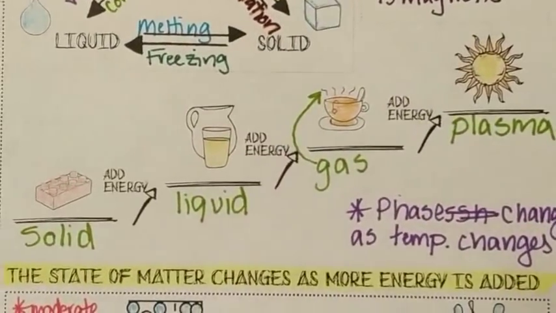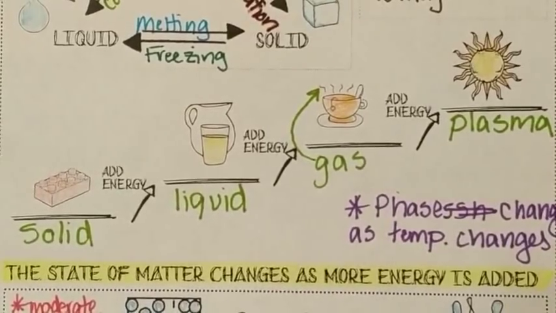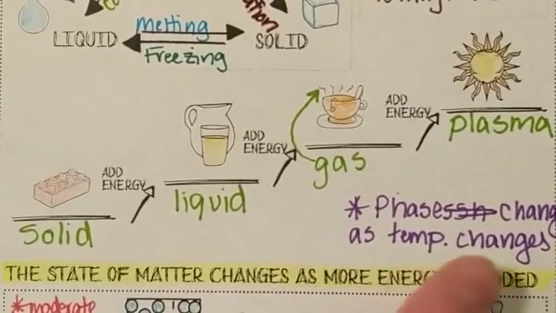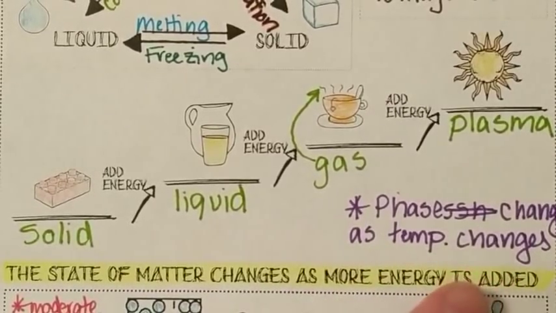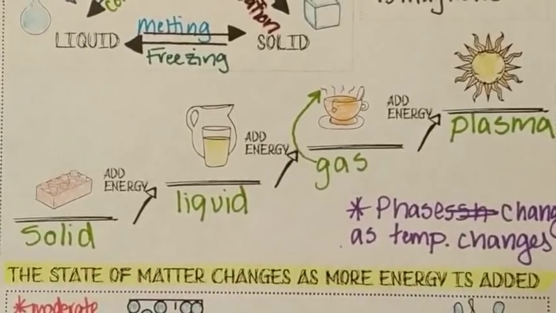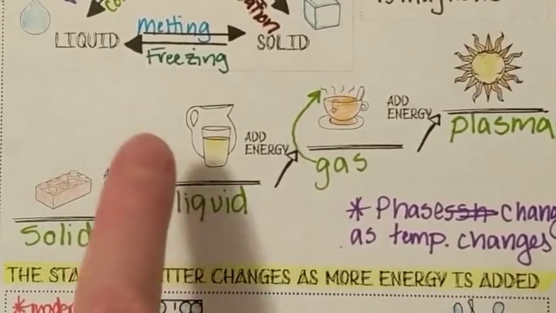All right, the next thing we're going to look at is how we change from one state of matter to the next. The state of matter changes as more energy is added. This can also be said that the state of matter changes as more energy is taken away. So in order to move from a solid to a liquid, we have to add energy.